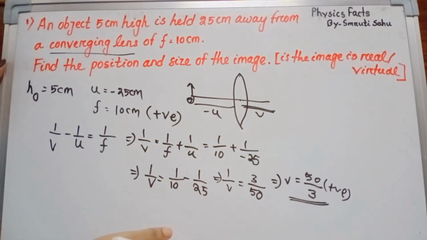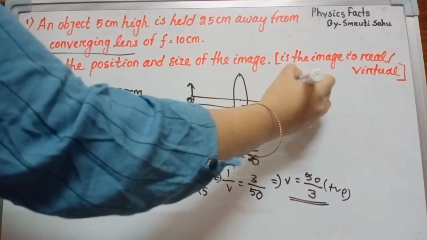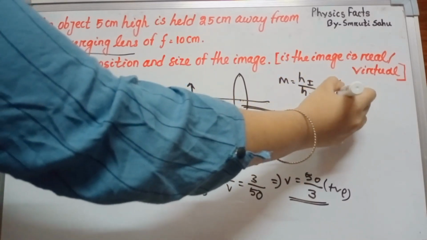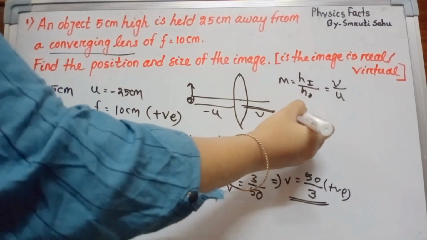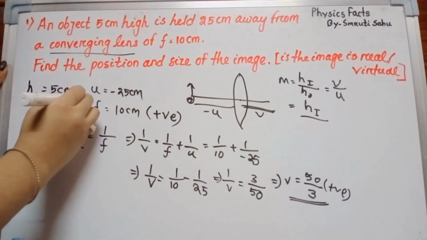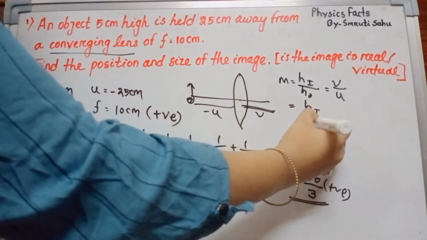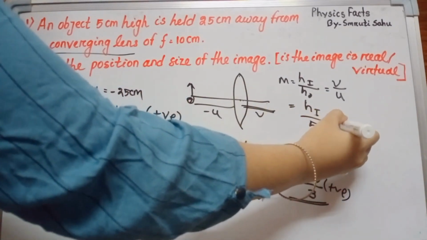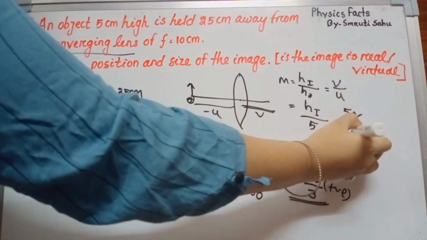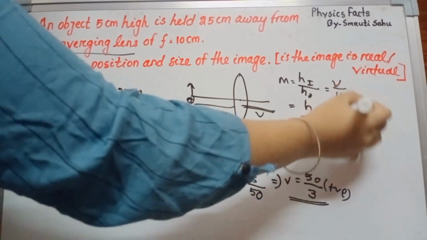Now we discuss the size of the image. We know that m equals hi by ho equals v by u. Put in the sign convention. hi we don't know. Then ho is 5 cm and above the principal axis, so it is positive. v is 50 by 3 divided by u, which is minus 25 cm. You simplify this.